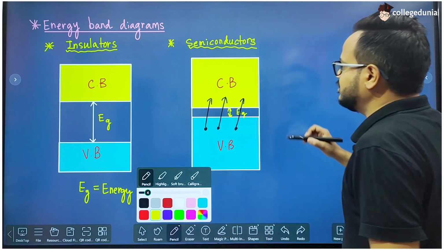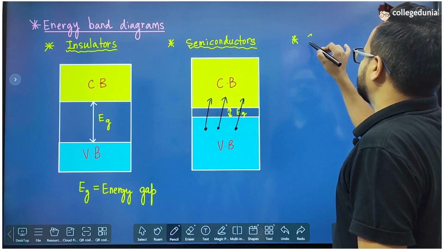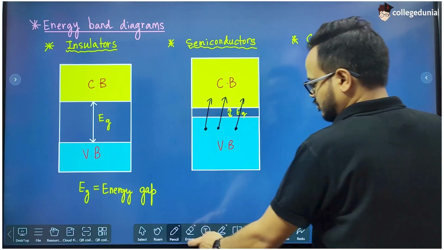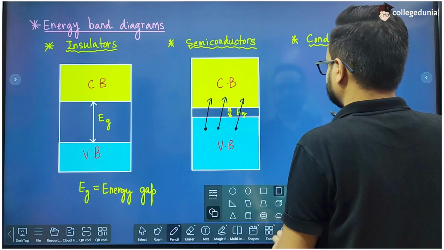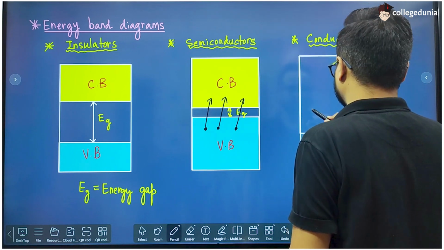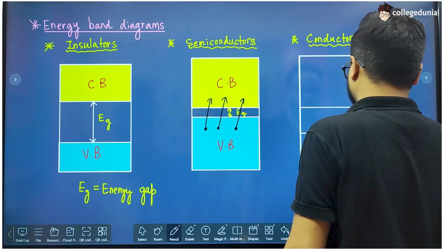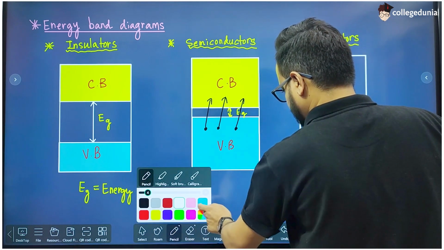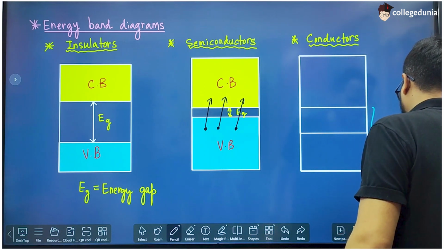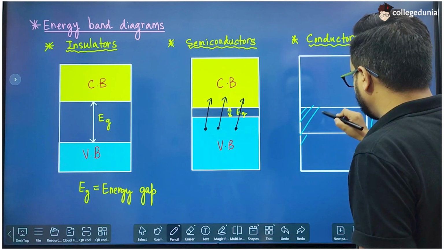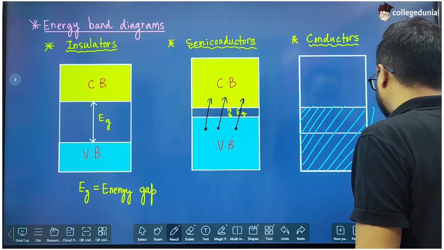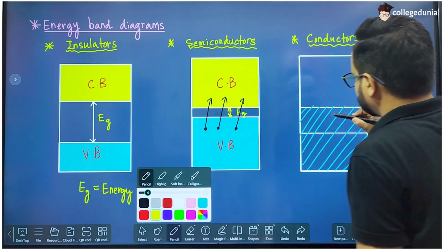If we draw the energy band diagrams of metals, meaning conductors, we will see this is the valence band, and this is the conduction band.